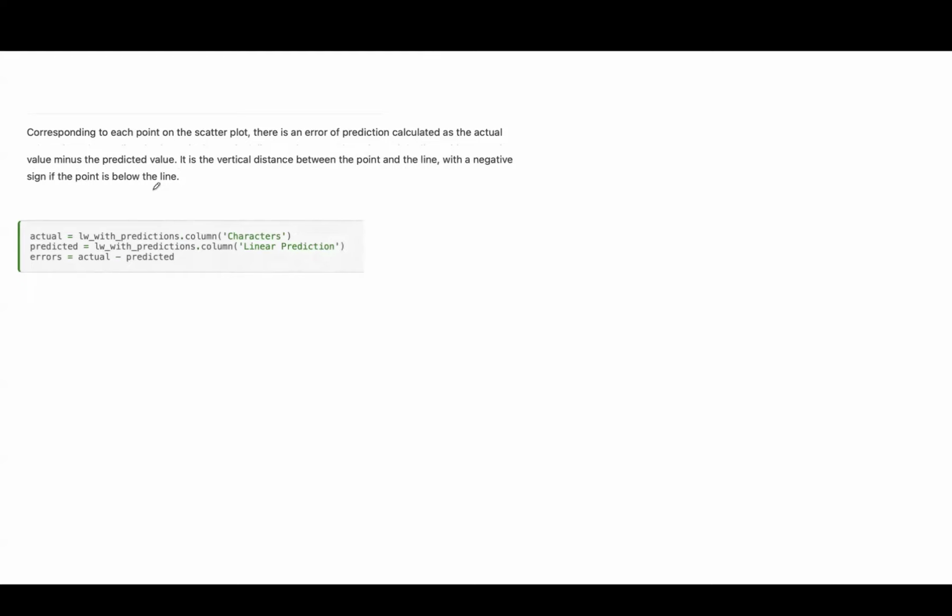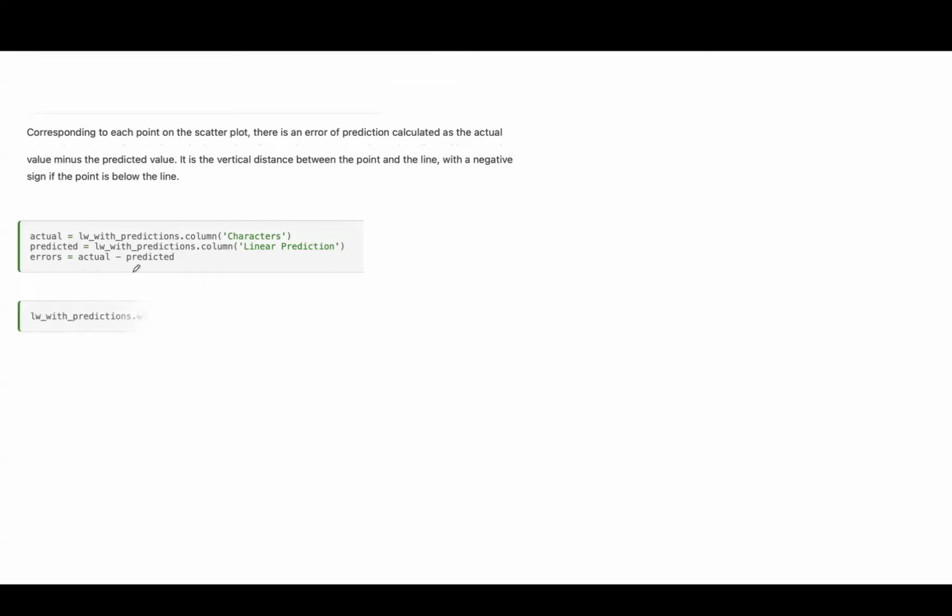So for the Little Women with predictions, we're focusing on the characters column. We set it as the actual value. For the predicted value, we're using the Little Women with predictions column when we use the linear prediction. And the error or the residual is the difference between the actual value and the predicted value.